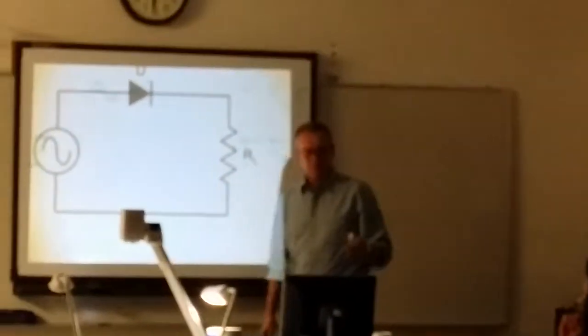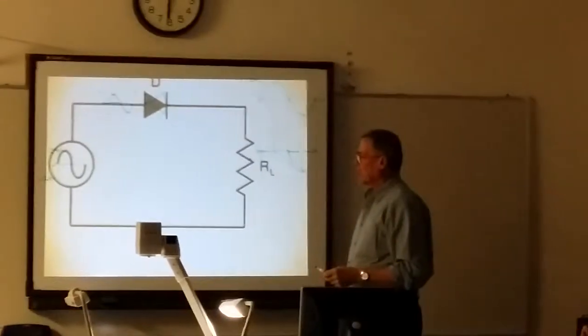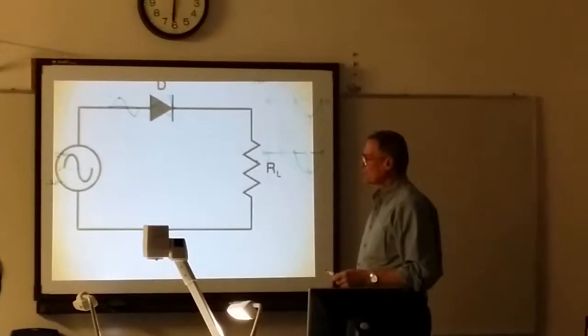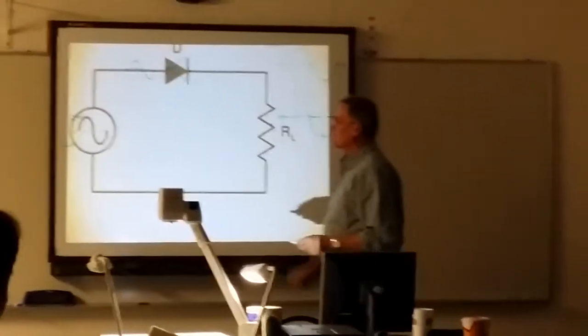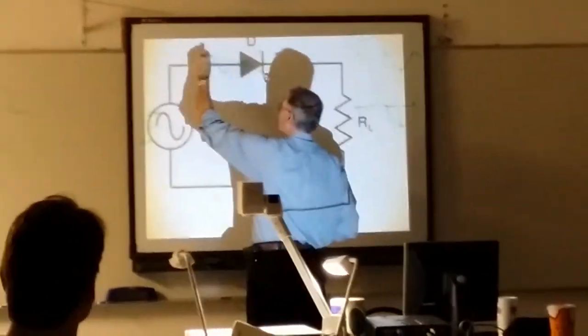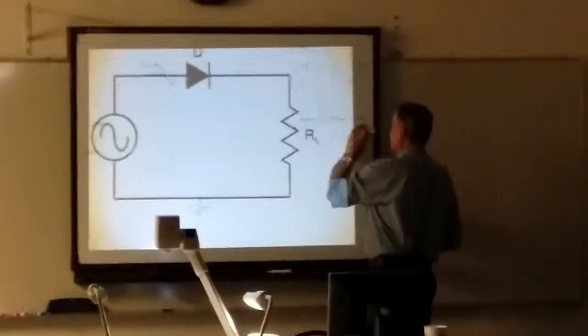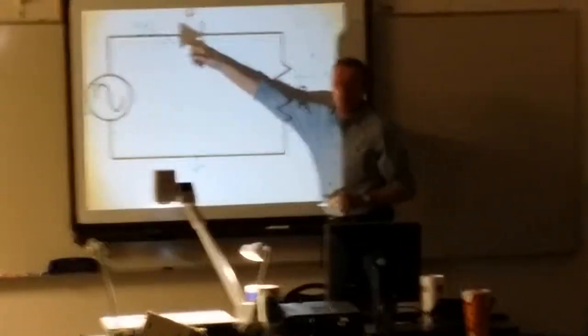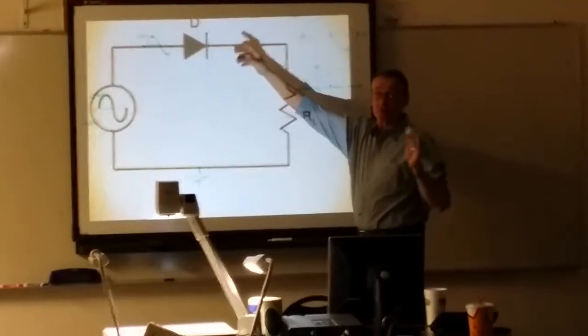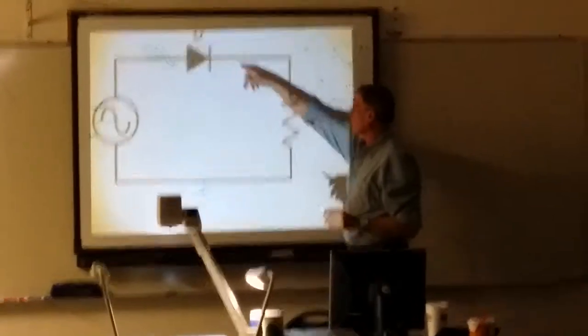Now we apply this 24 volts to this circuit as it's shown. If we apply that 24-volt peak, what's going to happen on the output? It's going to go to 24, because that's a direct short. Remember, first approximation, it's a direct short.